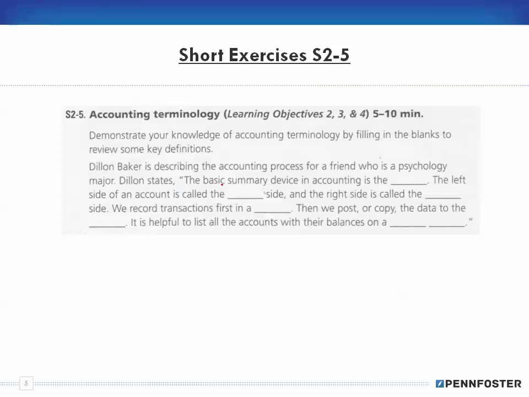Dylan states, the basic summary device in accounting is the account, or the general ledger account. G/L is short for general ledger, so account or general ledger account is acceptable for that answer.